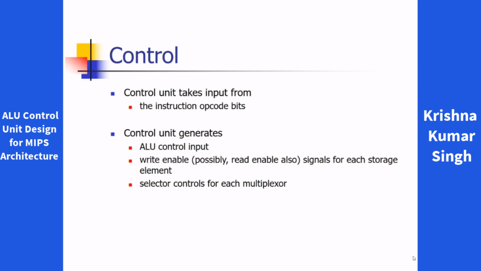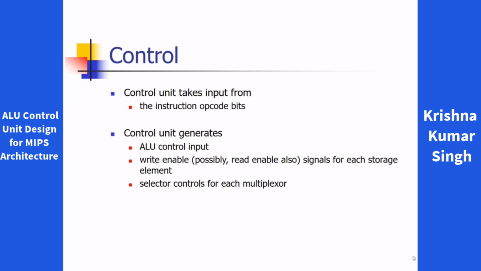Also, it manages the data communications between different components that exist in the data path. For this processor, the control unit takes inputs from the instruction opcode. As you know, every instruction has 6 bits of opcode, and this is the input of the control unit.